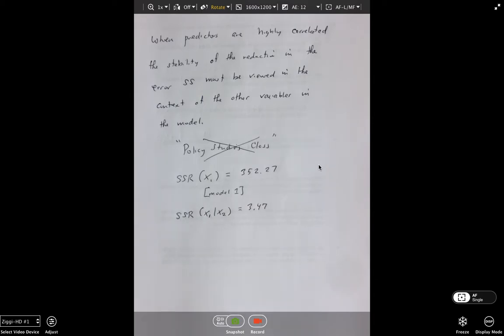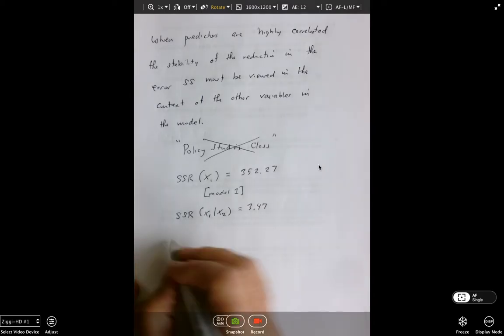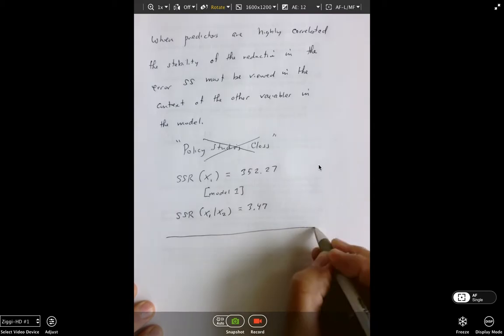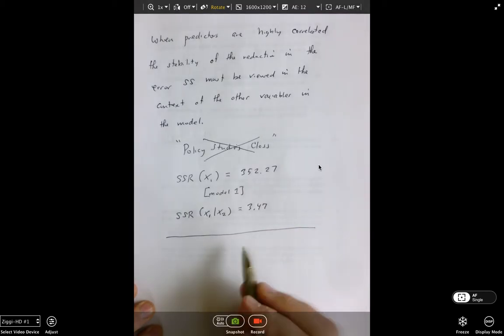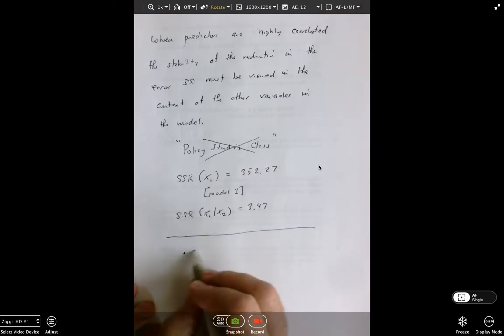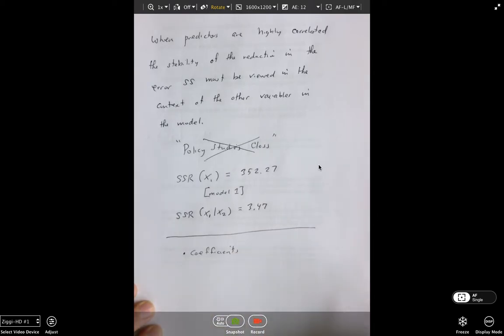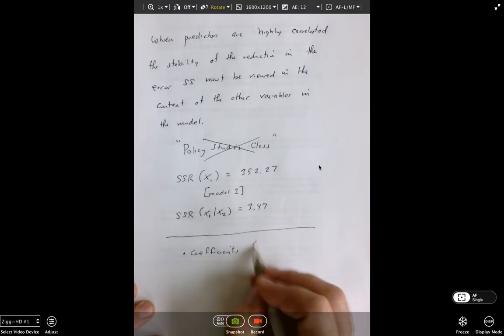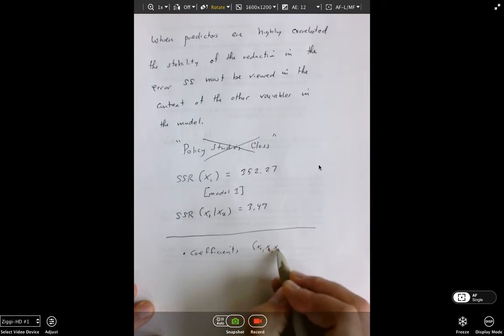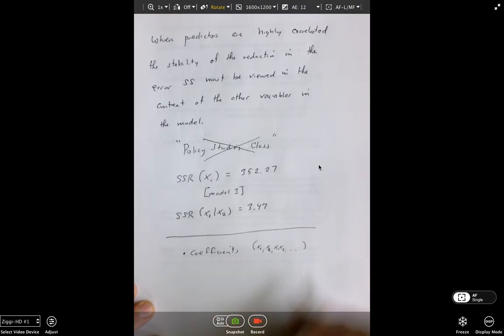So what I've tried to look at here is, first of all, just to summarize what I hope you've gotten out of this so far. I've tried to look at what's the effect on the coefficients when we look under different situations. x1 is in the model, x2 is in the model, x1 and x2 are in the model, and so on and so forth.